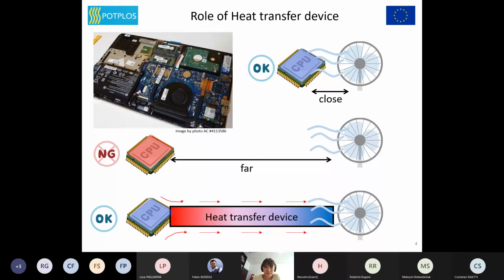For example, the upper figure is the inside of a mobile PC. Two chips are not cooled directly by a fan, but through these two sticks. What do you think these sticks are? They are not just metal sticks.